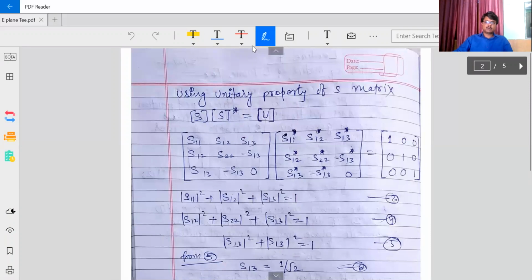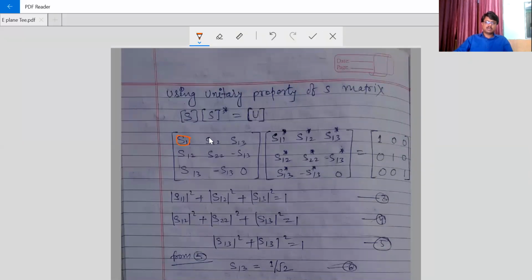We know S11, S12, S13. What is the left quantity? S22. So we can calculate this S22 by using equation 4. We put 1 by 2 in place of S12 and 1 by root 2 in place of S13, and we calculate the value of S22.